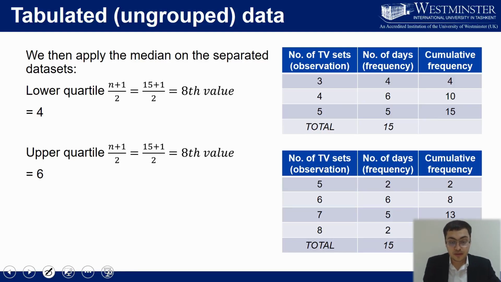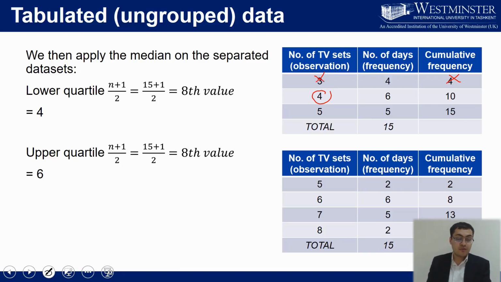Divide by 2, that means I'm searching for the 8th value in this table. As a result, that's going to be the number 4. That is our lower quartile for the number of TV sets sold, because the 8th value is higher than 4, so it cannot be inside 3. As a result, it is lower than 10, so it resides within this category.